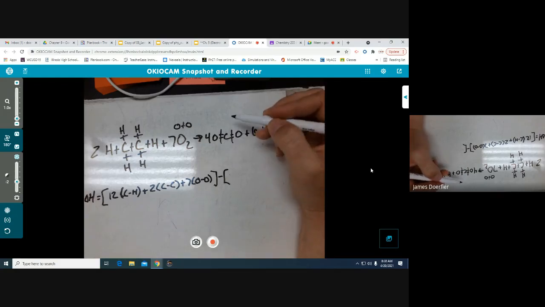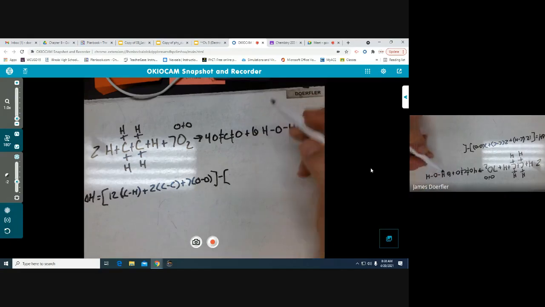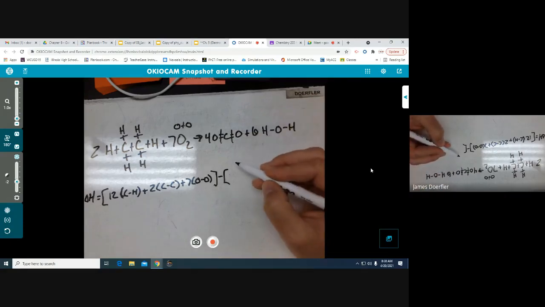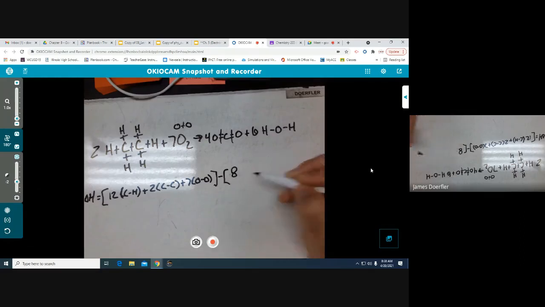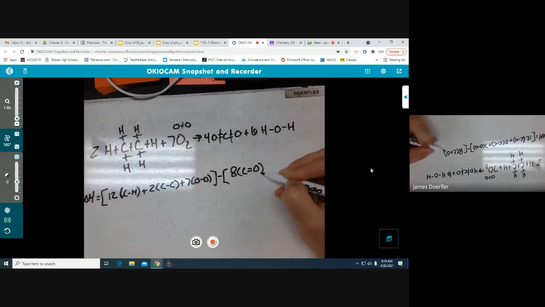There are 2 carbon to oxygen double bonds in a single molecule. There are 4 present. So how many double bonds did I just form? 4 times 2 is 8. 8 carbon to oxygen double bond.